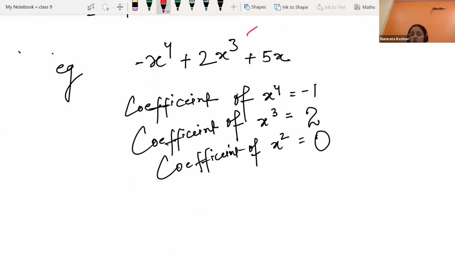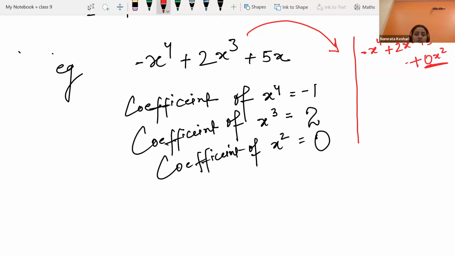Again, I am showing you what is going on behind the scenes in our mind, what we are thinking. Minus x to the power 4 is there, plus 2x cube is there, plus 5x is there. Now you can think that here we can add 0 into x square. Will it make any change over here? No. 0 added with anything is just 0, right?